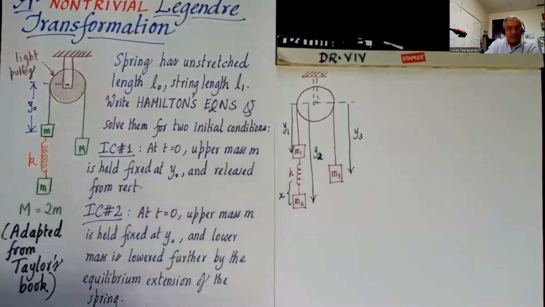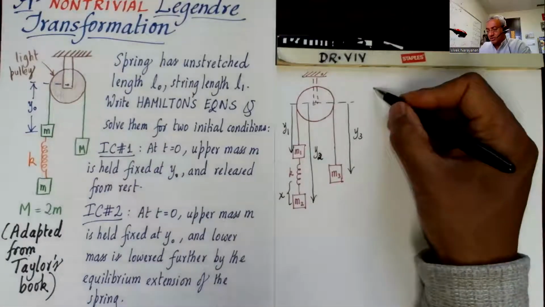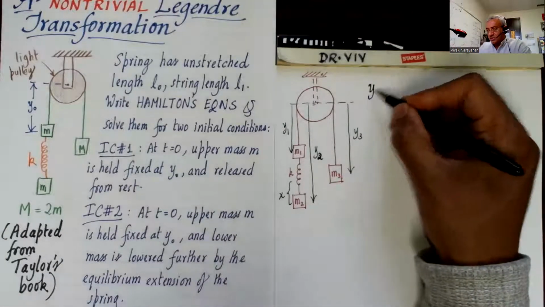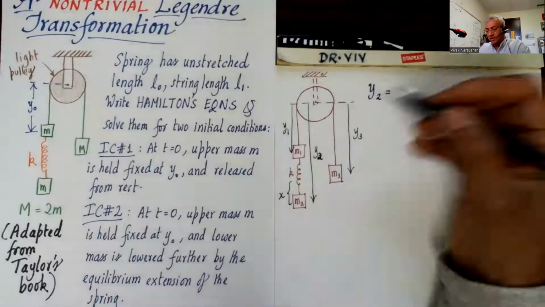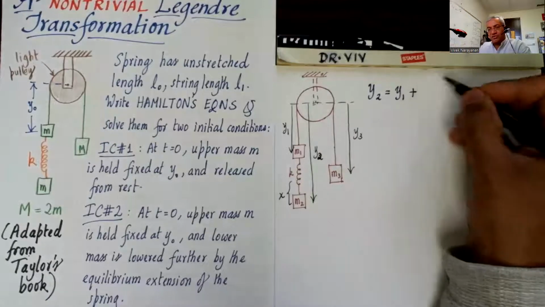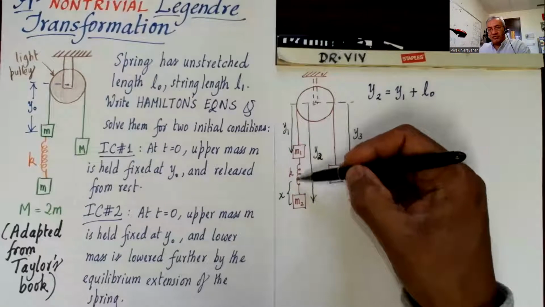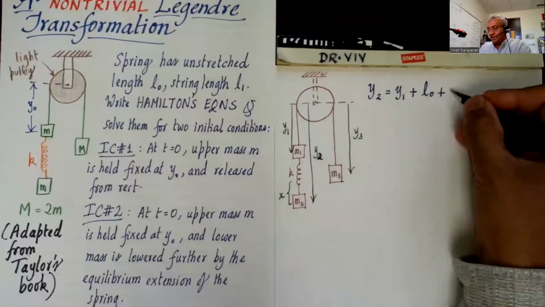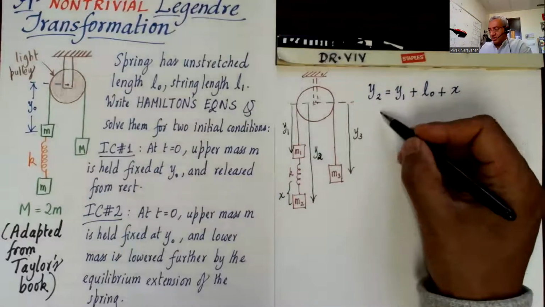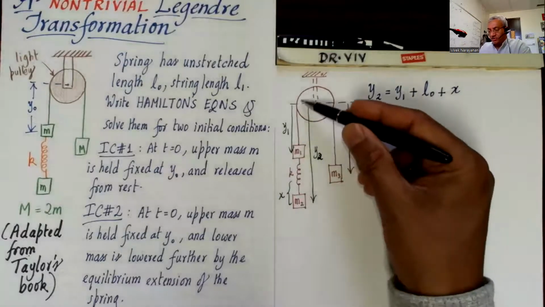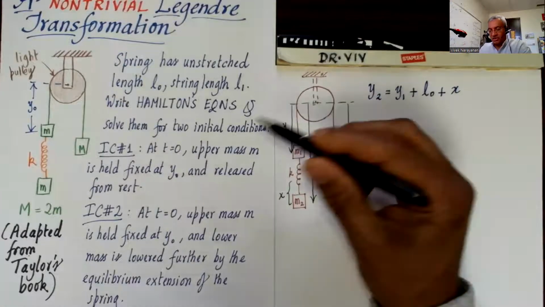So immediately we can write some equations to form the constraints. First is y2. y2 is equal to y1 plus the unstretched length of the spring, L0, plus the stretch of the spring, x. So that's really common sense. Then we're also told that the total length of the string that's draped over the pulley is constant, and that is L1.